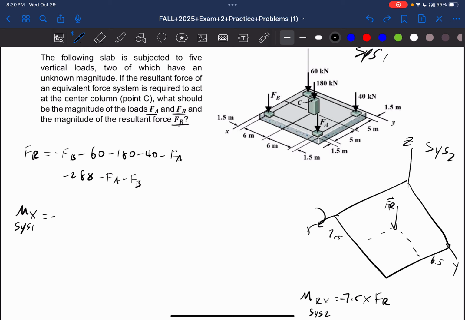So negative 1.5 times FB plus 60, and then minus 180 times the moment arm, which is 1.5 plus 6, which is 7.5, and then both of these times the moment arm, which is 6 plus 6 is 12, so 13.5, minus 13.5 times FA plus 40.